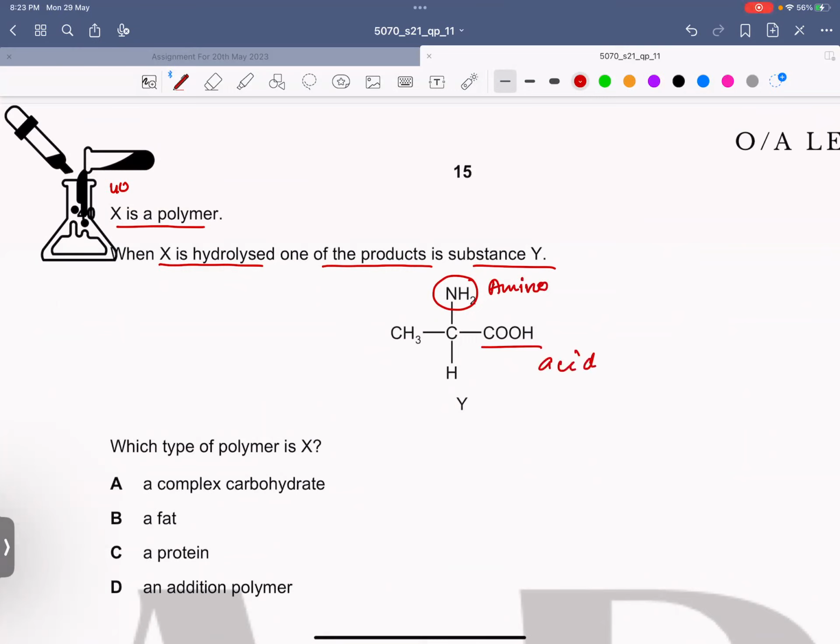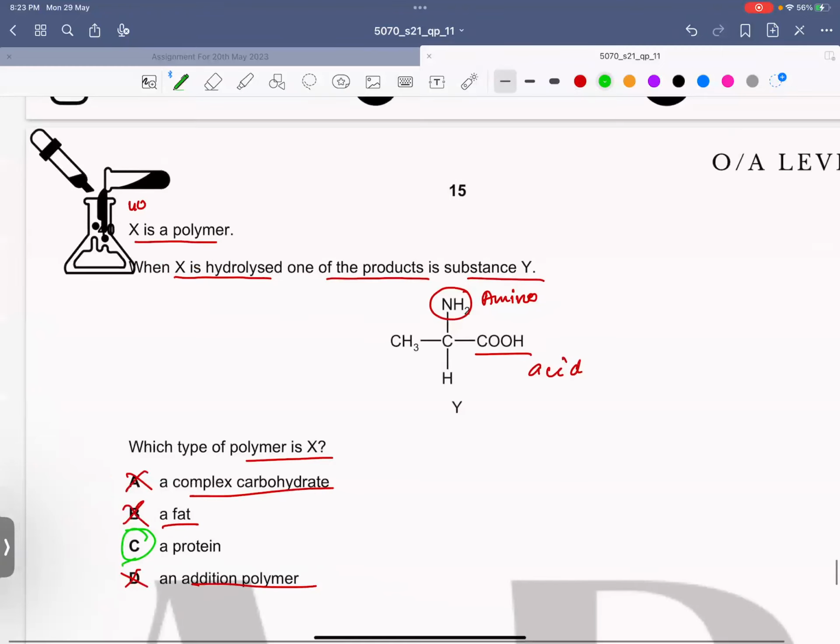So it means it's an amino acid, and amino acids are the monomers of protein. So which type of polymer is X? Complex carbohydrate, wrong. Fat, wrong. Addition polymer, completely wrong. So C is your answer. It's a protein.